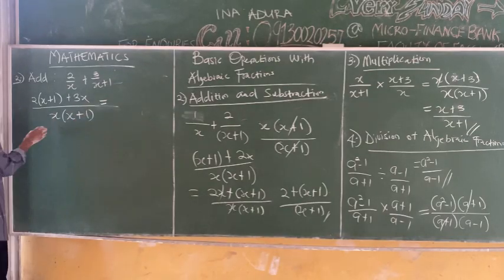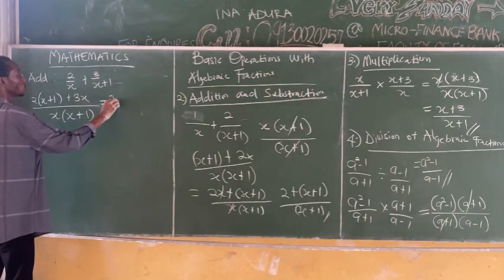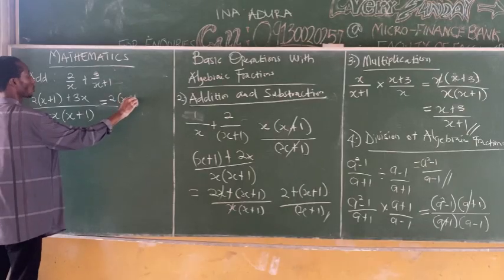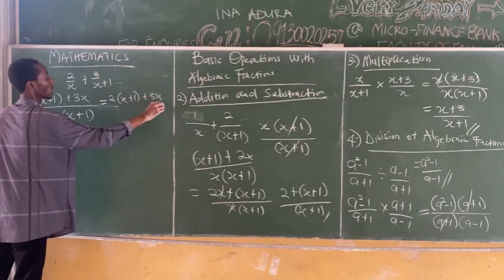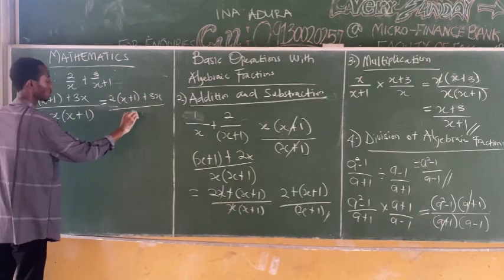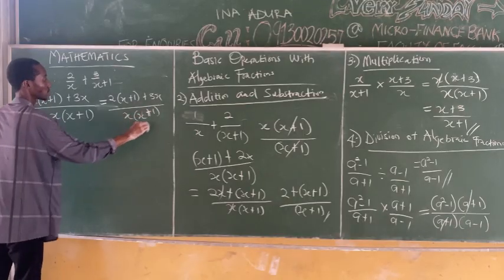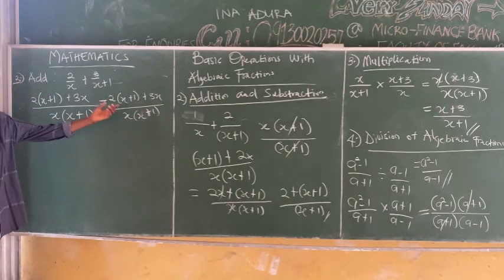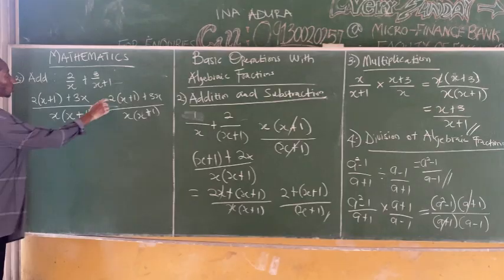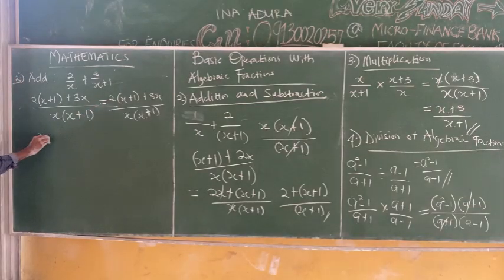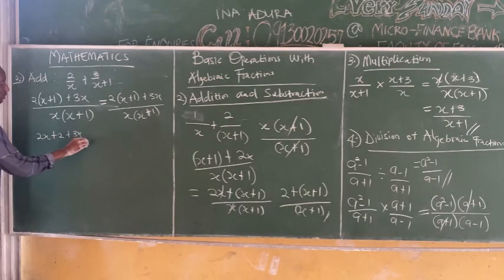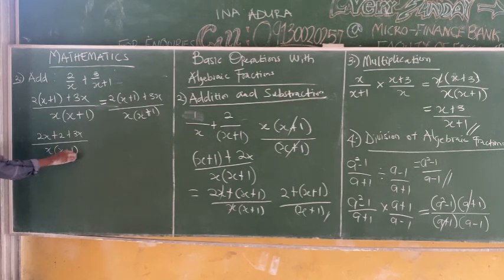This is equal to 2 into x plus 1 plus 3x over x into x plus 1. Now you expand this bracket. 2 times x, you have 2x, plus 2 times 1, you have 2, plus 3x divided by x into x plus 1.